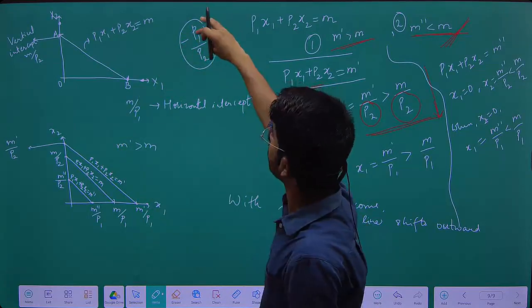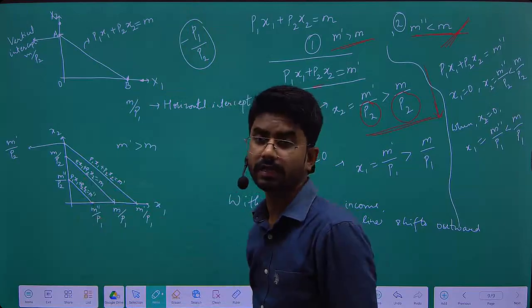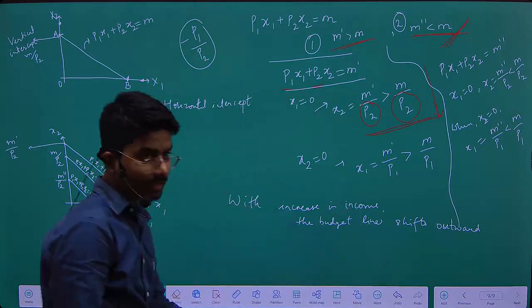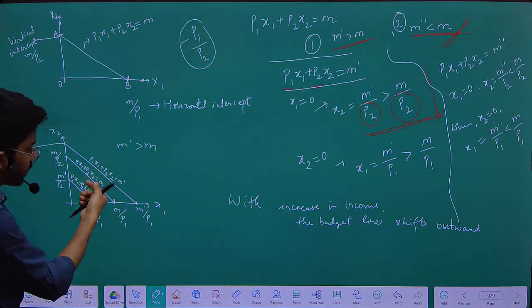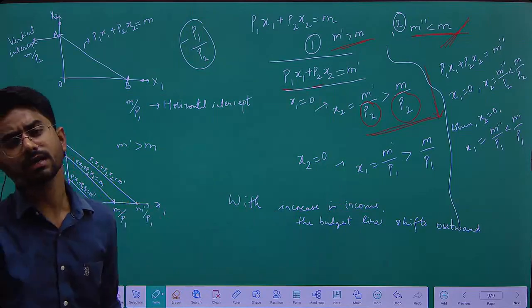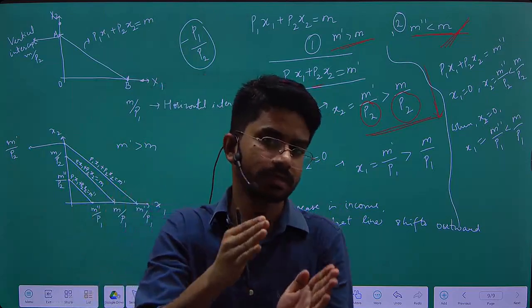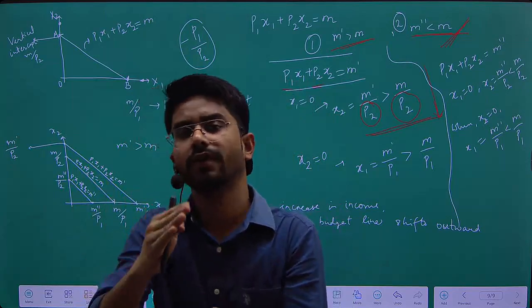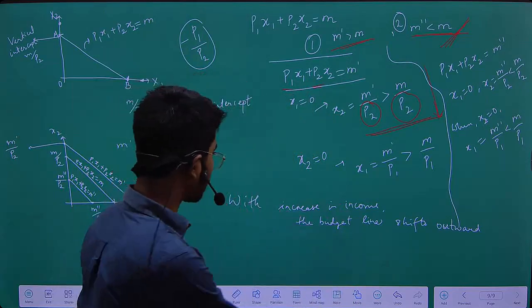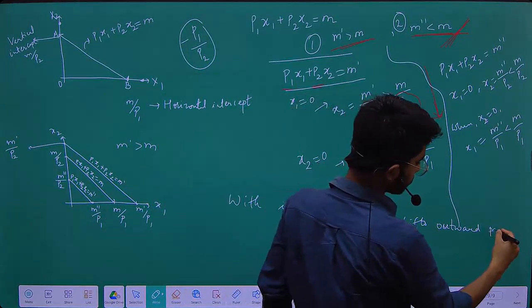In that case you will have the same slope for all the 3 budget lines. Okay, so whatever the shift of this budget line would be, that would be a parallel shift. Why parallel? Because the slope remains the same. If the slope remains the same, then the shift of the curve will be parallel. Okay, so in that case the budget line shifts outward parallelly.